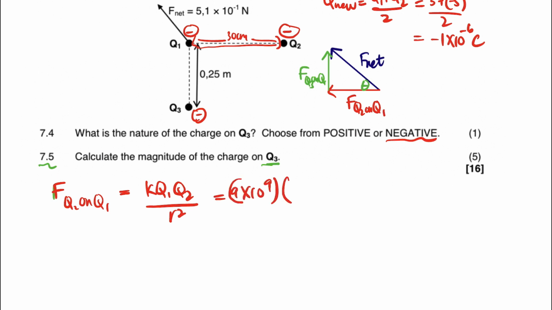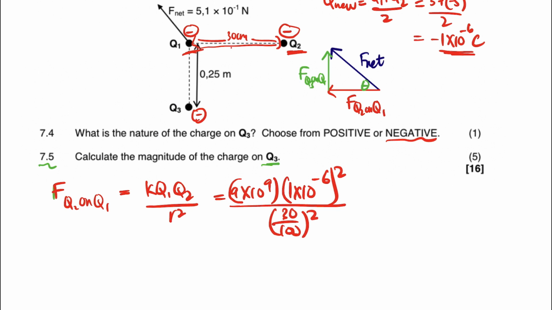and then the charges are like charges, guys. Remember, they have a new charge, so it's going to be 1 times 10 to the power negative 6 squared, because these are the same, and then divide by the distance, which is 30 centimeters squared.